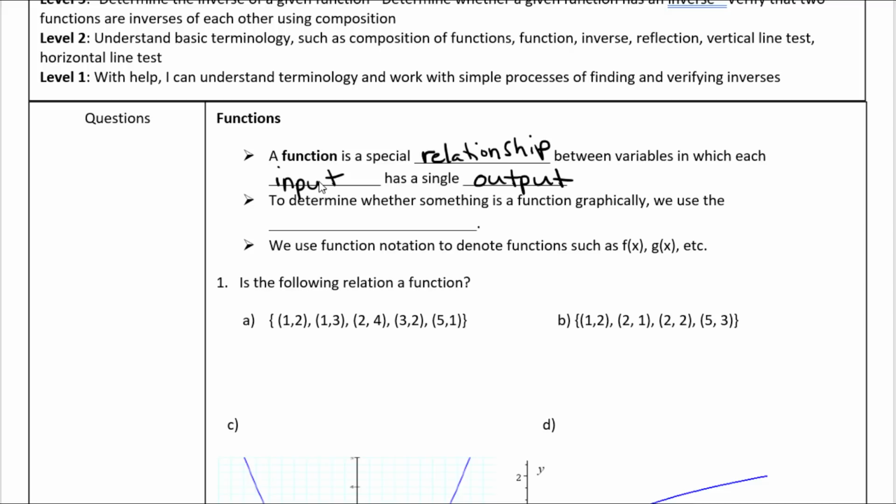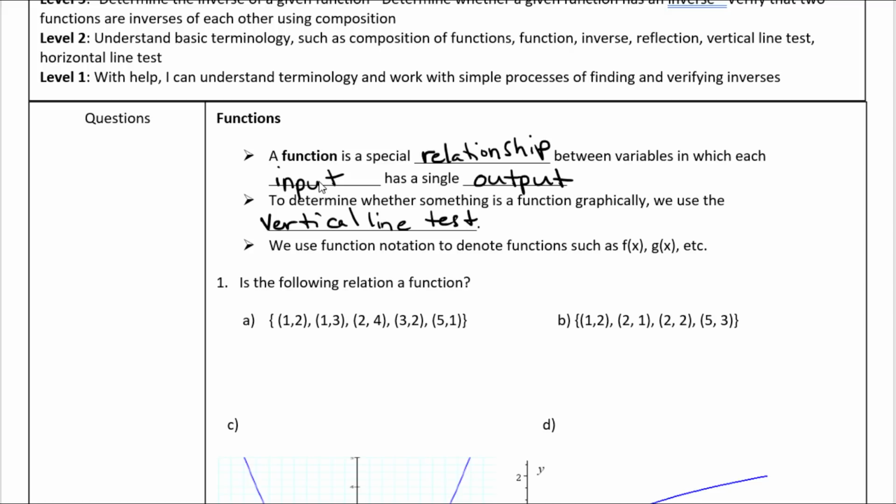To determine whether something is a function visually or graphically, we use what we call the vertical line test. We'll show you how that looks in a little bit, but it's a very simple test to determine, given a graph, if something is a function.